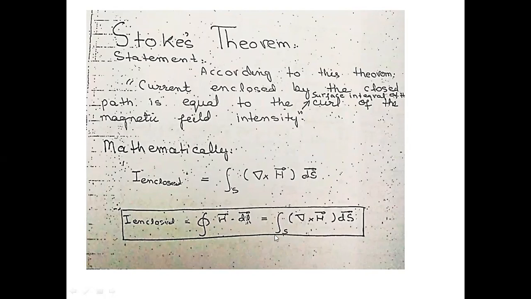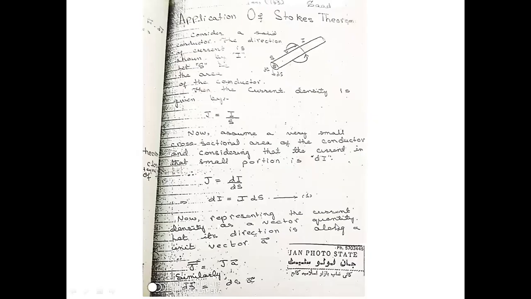So it means these three are the same. By merging the Ampere circuit law and the Stokes theorem, we can say that I enclosed is equal to the line integral of H dot dl and the surface integral of the curl of the magnetic field intensity.